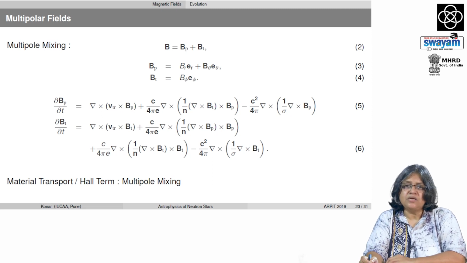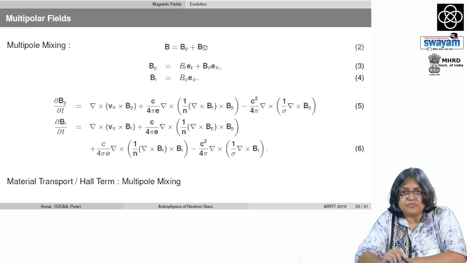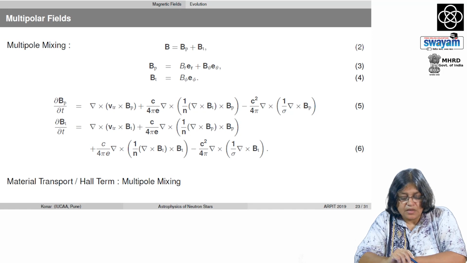The magnetic field may also have a toroidal component. Now, when that happens, we have these two equations for the evolution of the poloidal component and the toroidal component, and we immediately see that there is mixing of components.